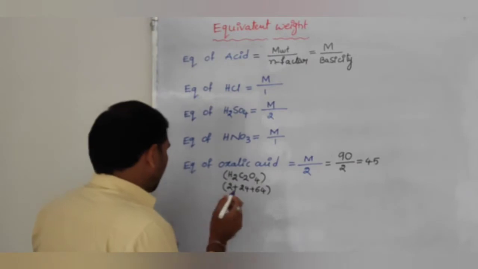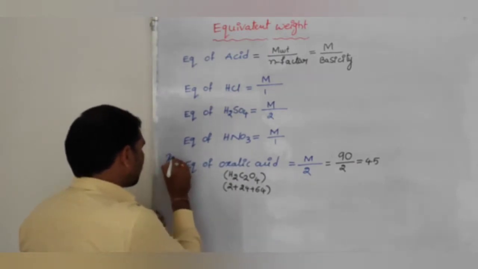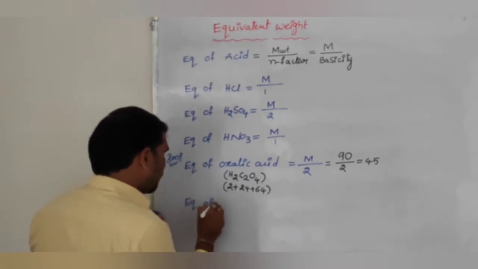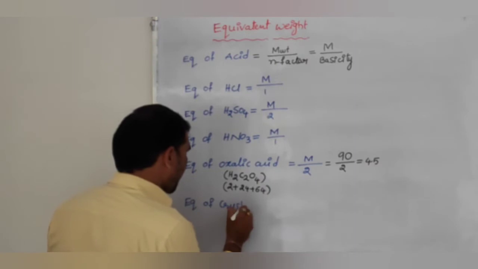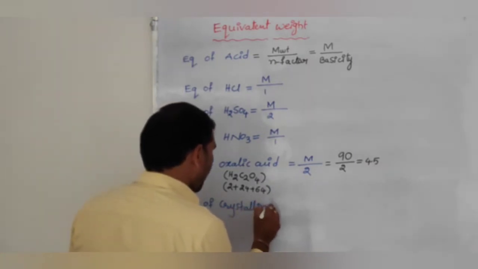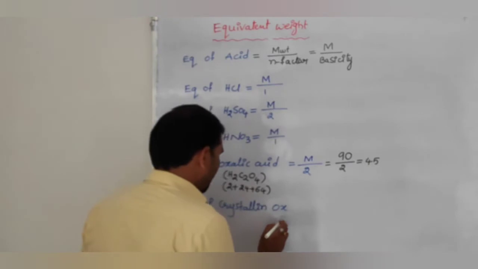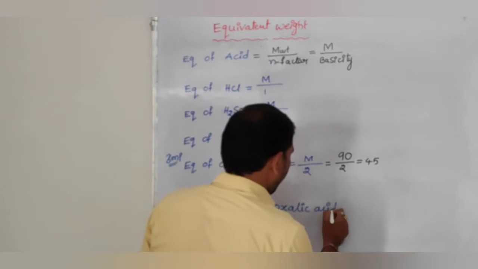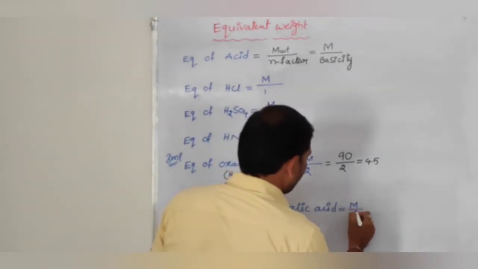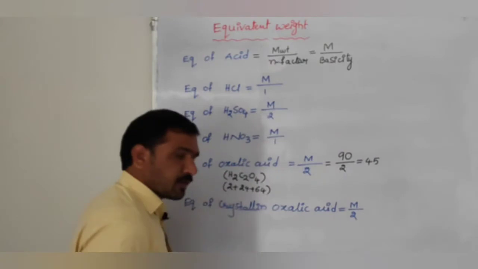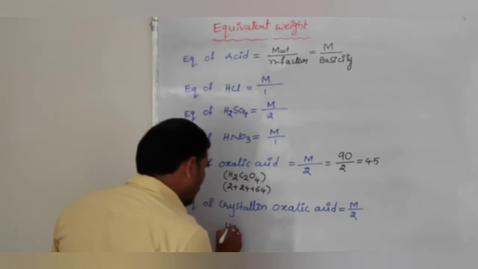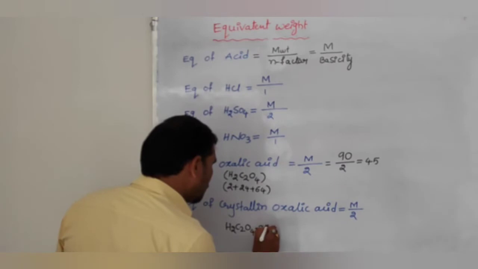The next important one, beta: equivalent weight of crystalline oxalic acid is also M by n factor 2. How is the n factor 2? Like this, H2C2O4 dot 2H2O.